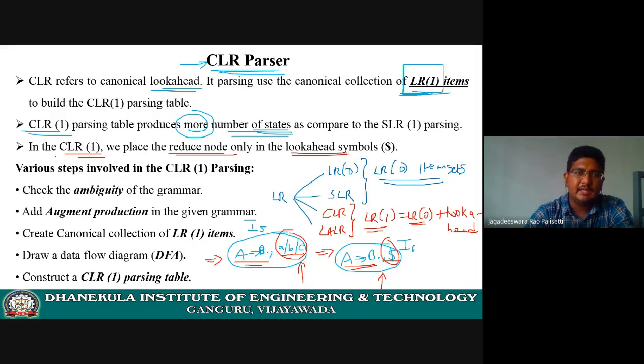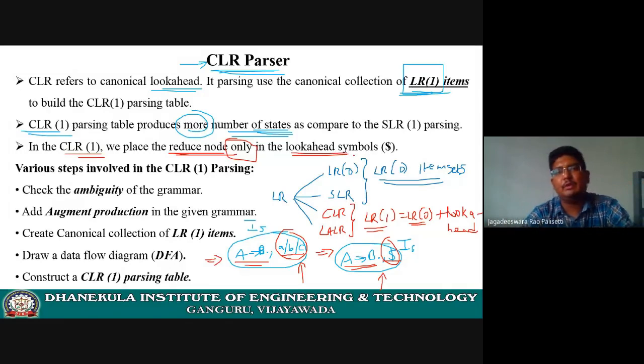Read the third point. In CLR(1), we place the reduce nodes. Reduce nodes means R3, R2, R1: reduced by production rule number 3, reduced by production rule number 2, like that. Those reduce nodes should be written only in the lookahead symbol columns that the production rule maintains.